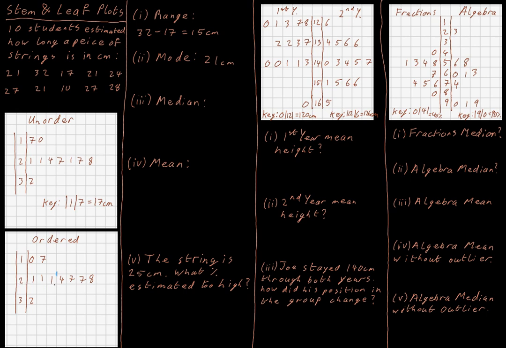There's no number that's exactly halfway, but halfway between 21 and 24 would effectively be the middle of our data set. So our median is going to be the mean of 21 and 24, our two middle numbers, and we get 22.5 centimeters as our median guess.